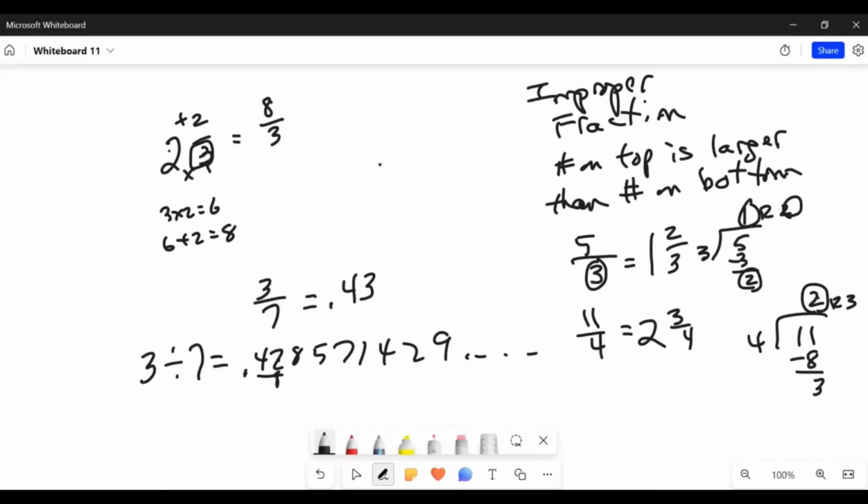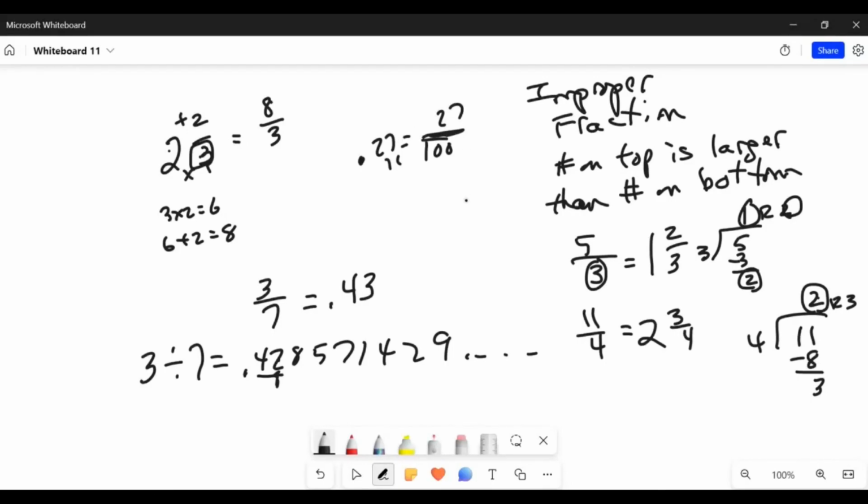If you're going to change a decimal into a fraction, you look at how many decimal places there are. The denominator is always going to be 10, 100, 1,000, 10,000, determined by the number of decimal places. I have 2 decimal places, so the fraction is over 100, and the number on the top is 27.